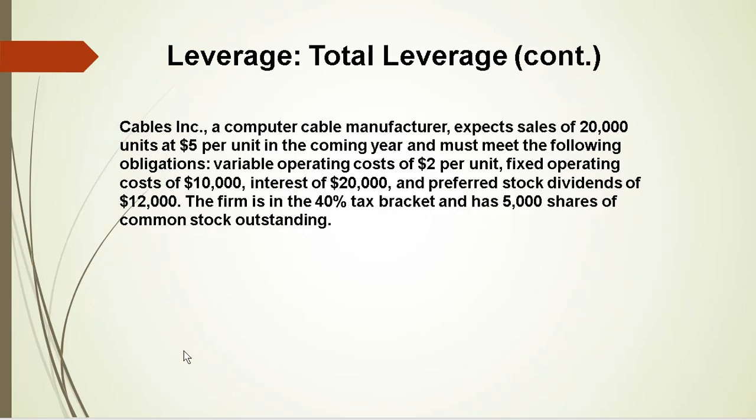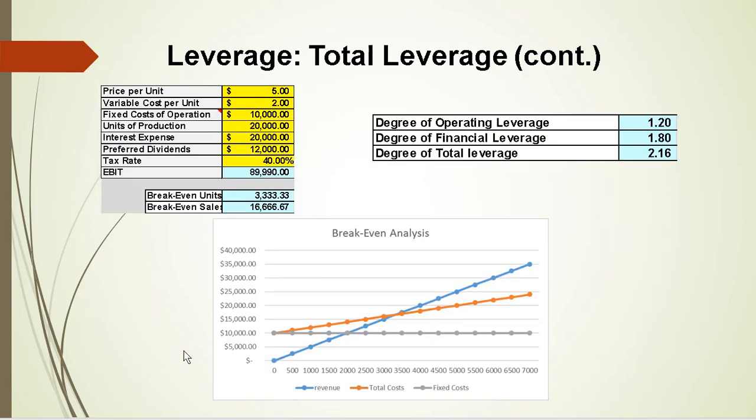So again, we have this company with sales of 20,000 units at $5 per unit, variable cost $2 per unit, fixed cost 10,000, interest 20,000, preferred stock dividends of 12,000, a 40% tax bracket, and 5,000 shares of stock. If we input this into our spreadsheet, we find that the break-even in units is 3,333 units.